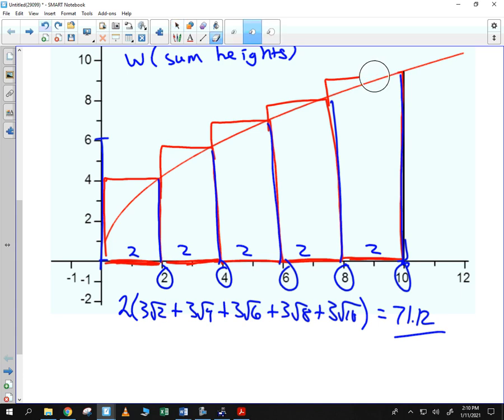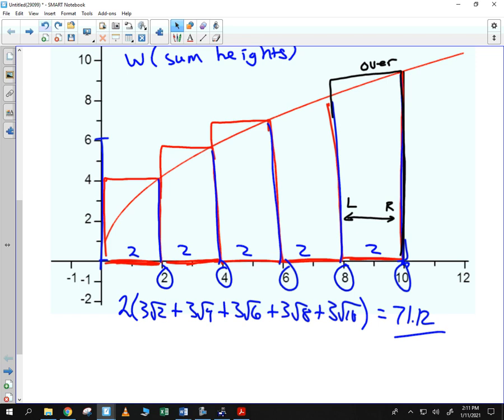So if I would look back at, say, this last rectangle over here, notice that I have a right side to the rectangle, and I have a left side to the rectangle. If you draw to the right side in this situation, it is an overestimate.